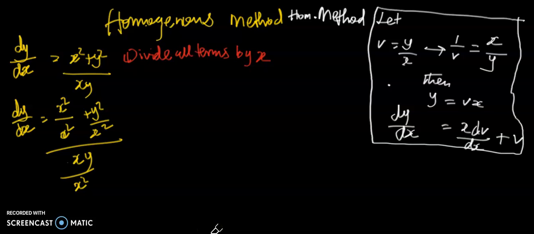If you observe what happened here, x squared divided by x squared will simply give us 1, plus y squared divided by x squared will simply be y over x squared, and this will be divided by y over x.